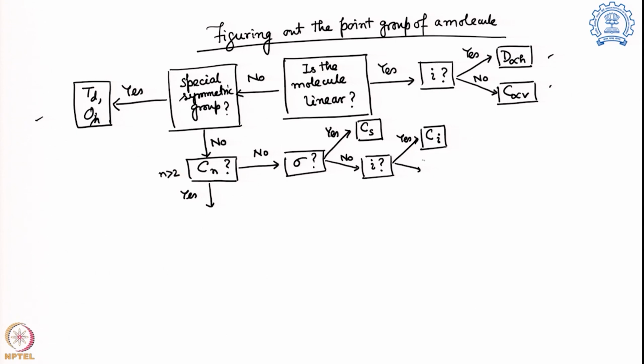If the answer is no, that means this molecule does not have any linearity, does not belong to a highly symmetric group like tetrahedral, octahedral, no Cn, no sigma, no i, it has nothing but an identity operator. So, the molecule belongs to the C1 point group, the absolutely unsymmetrical molecule. So, this is how we differentiate between all the non-rotational groups.